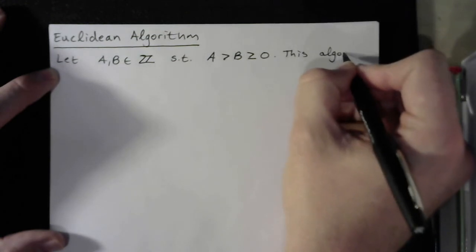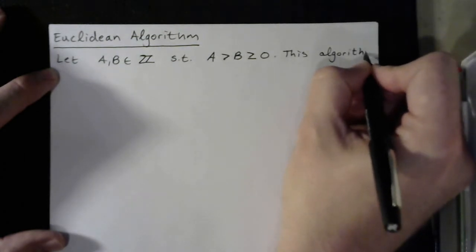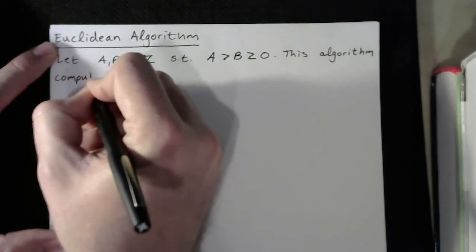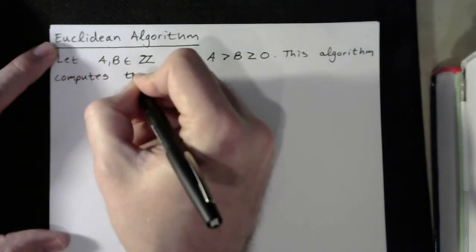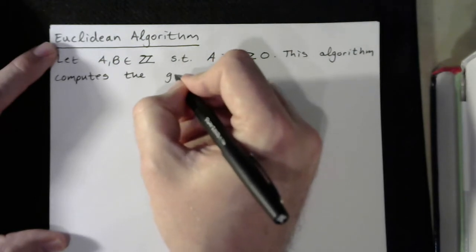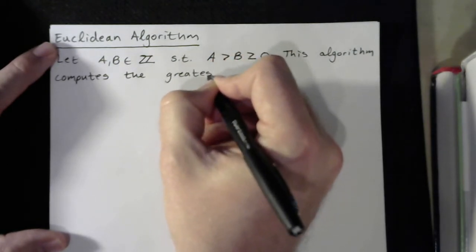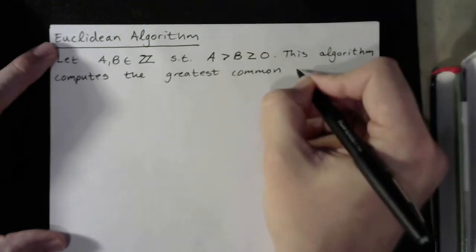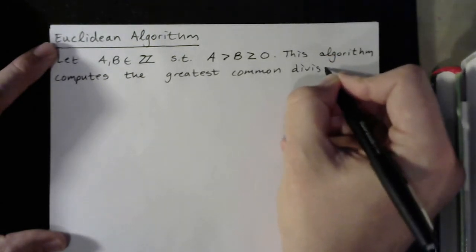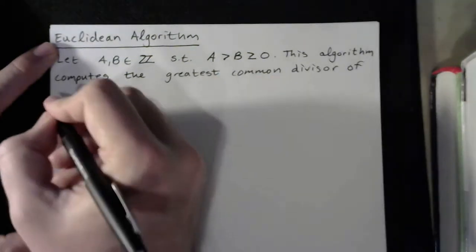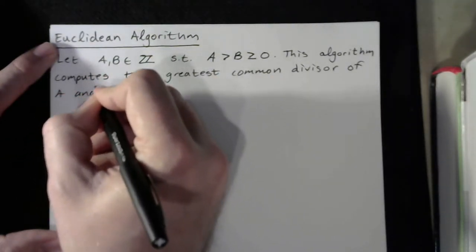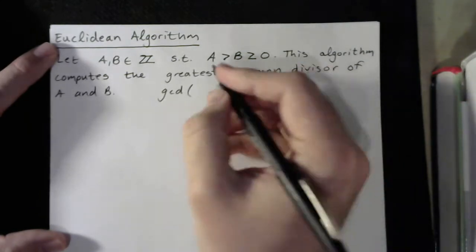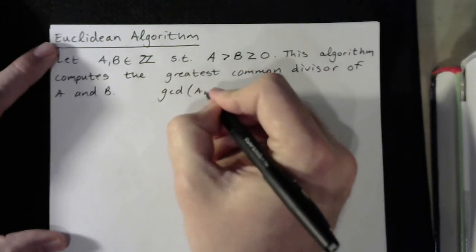This algorithm computes the greatest common divisor of A and B. Or notationally, we're going to use GCD parentheses A and B.